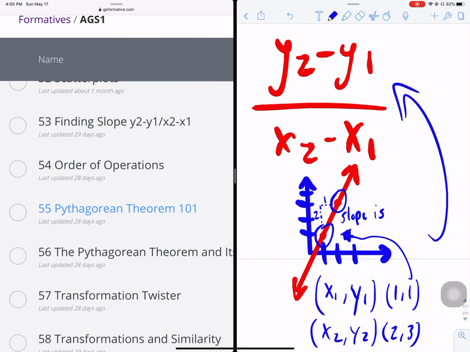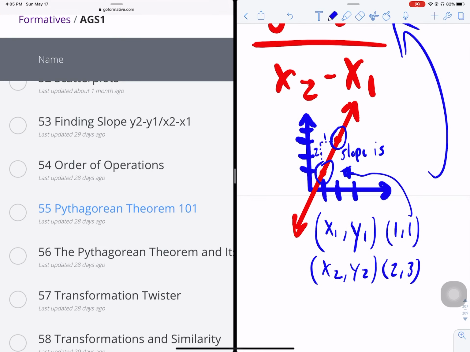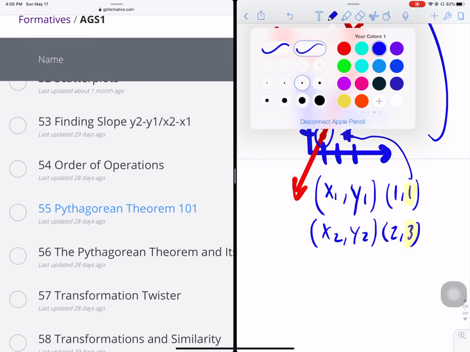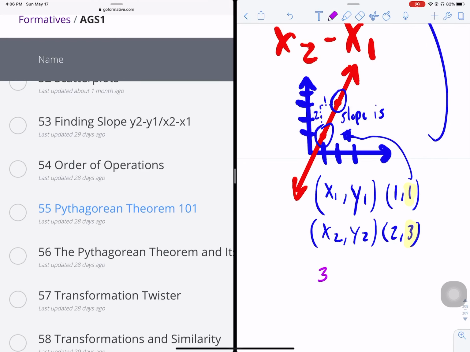The equation says y2 take away y1. So y2 is 3 and y1 is 1. So on top is going to be 3 take away 1. On the bottom is going to be x2 take away x1.